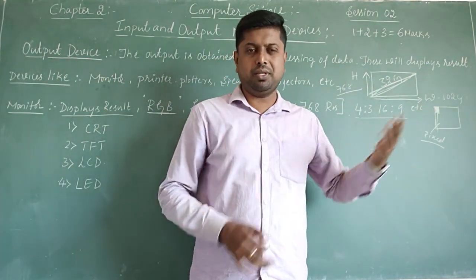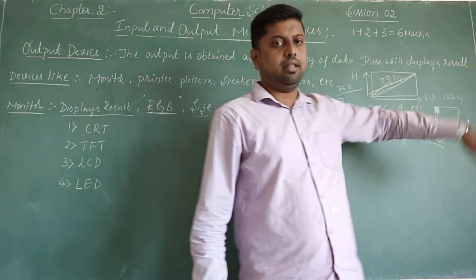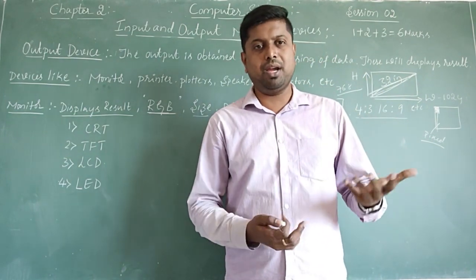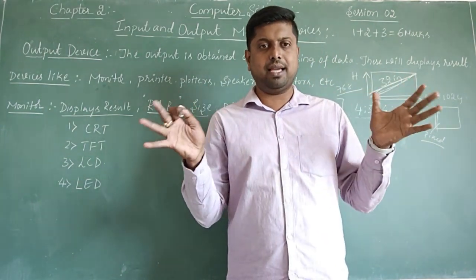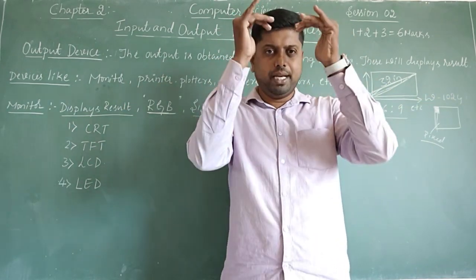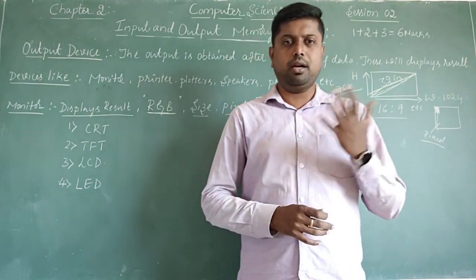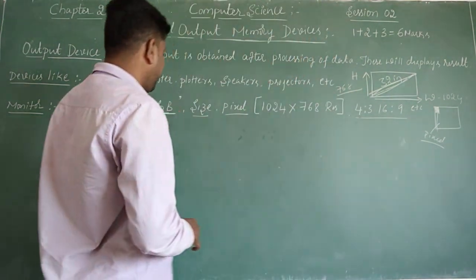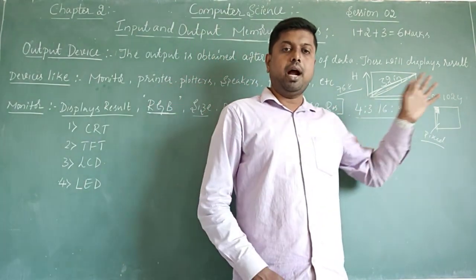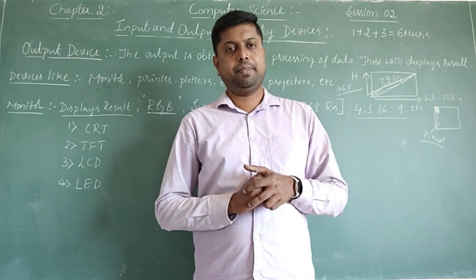In your mobile also the same aspect ratios are used, 4:3, 16:9, and also 21:9, 20:9, so different aspect ratios are coming. That varies the sizes: the width increases or decreases relative to its height. So the monitors depend on these sizes. These are all very important concepts: color codes, sizes, pixels, resolution and aspect ratios that depend on the monitors.